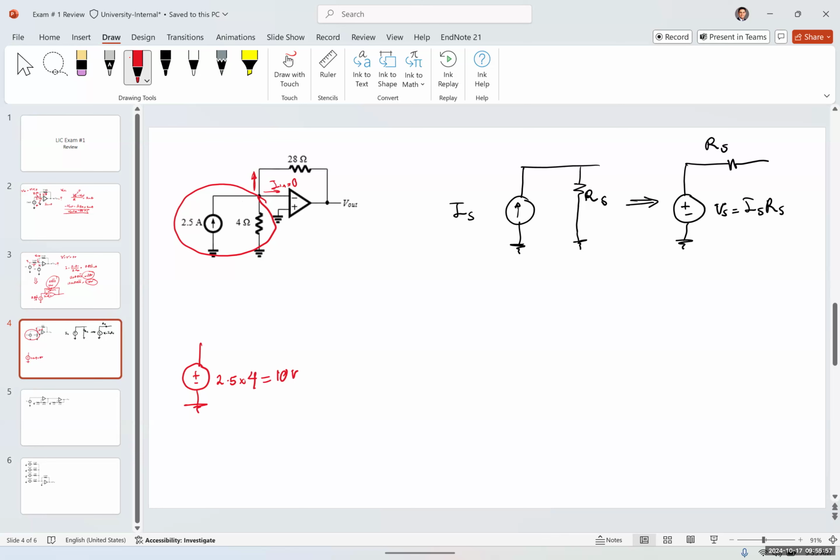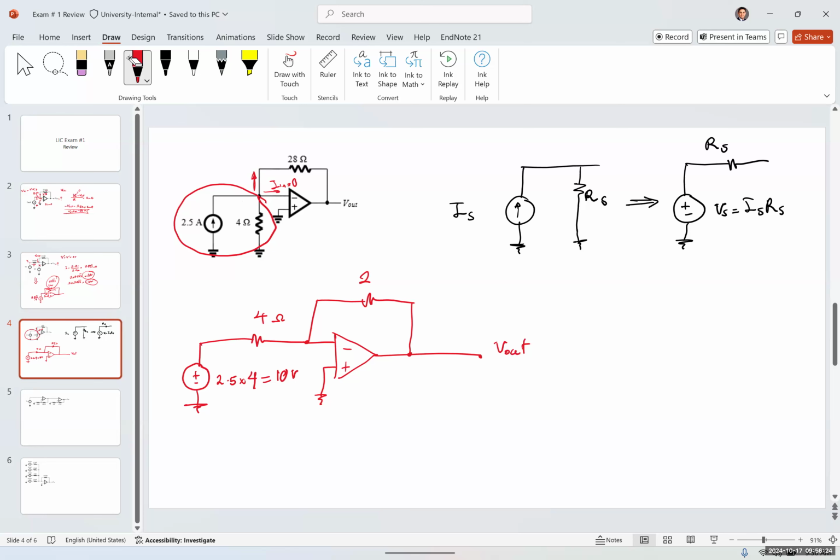So 10 volts connected to Rs, the same, which is 4 ohms, connected to the feedback resistor 28 ohms, connected to the op amp, giving it a feedback, and V out.